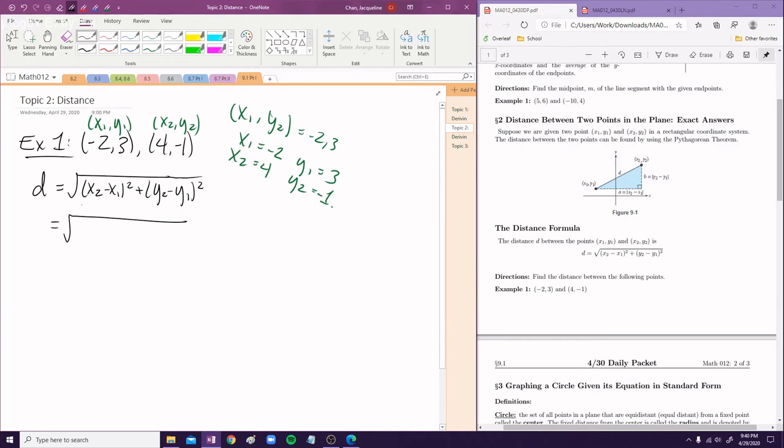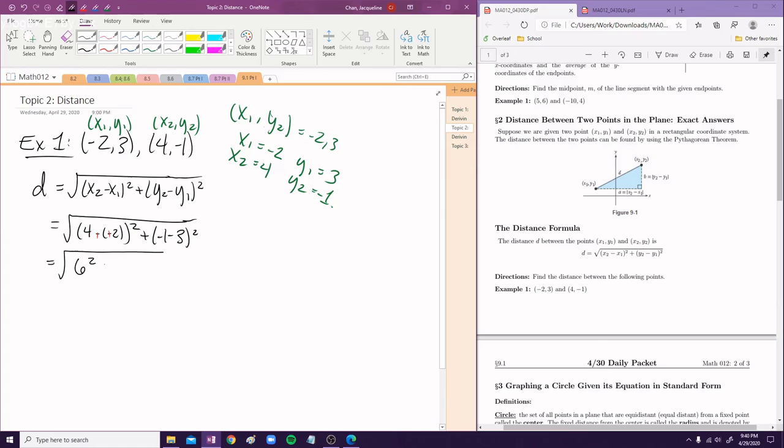So now let's plug it in. x2 in our case is 4, x1 is -2. Remember there's a minus here. And then y2 is -1 and y1 is 3. Now let's simplify. 4 minus -2 becomes 4 plus 2, and 4 plus 2 is 6.